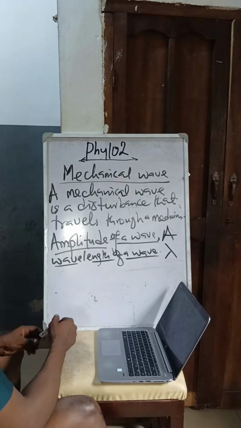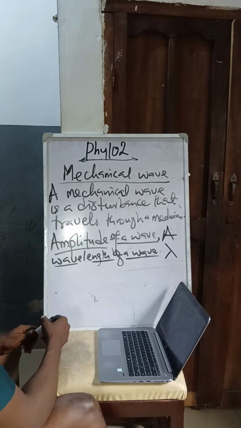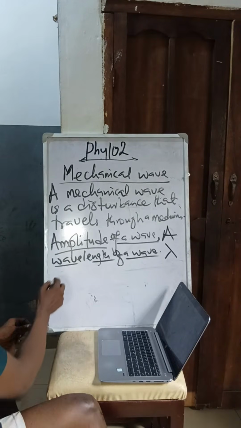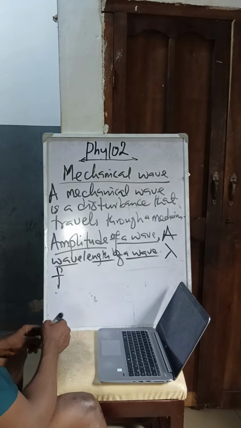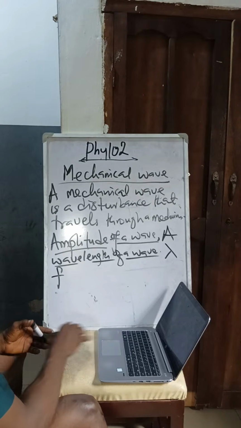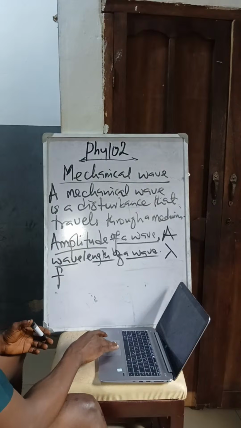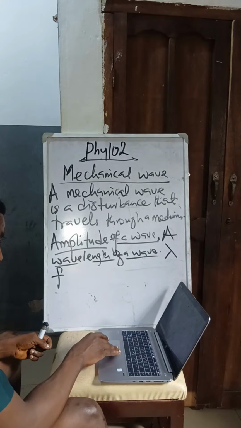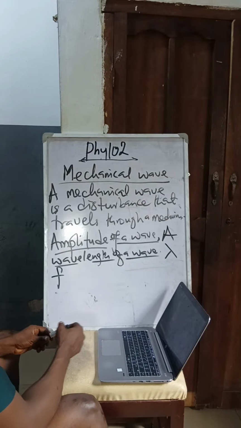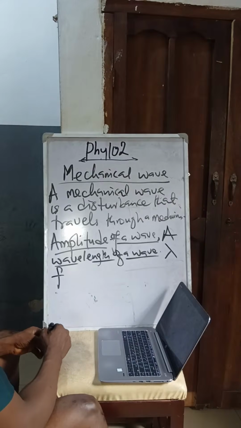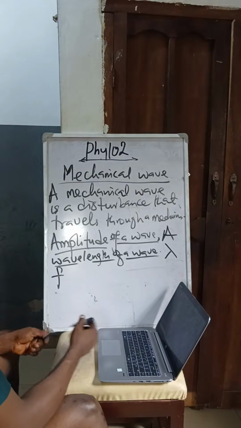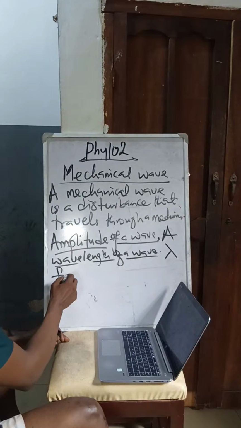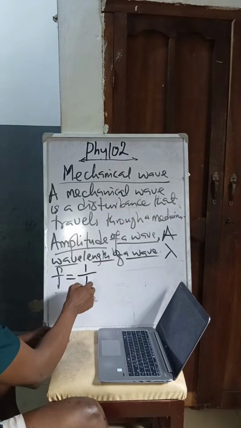What is the frequency of a wave? Frequency is the number of oscillations per second, and is the reciprocal of period, 1 over period.